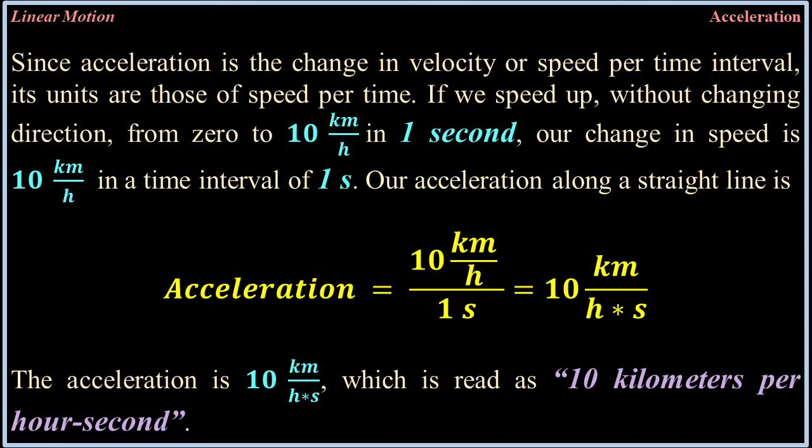If we speed up without changing direction from 0 to 10 kilometers per hour in 1 second, our change in speed is 10 kilometers per hour in a time interval of 1 second.